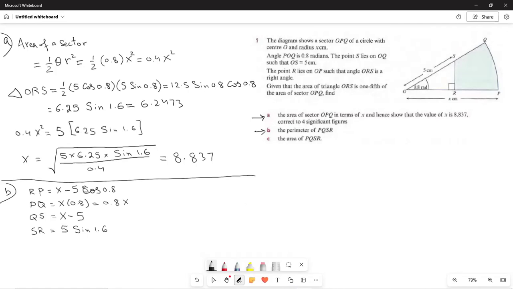Now this is all very easy. You substitute the value of x from here and do all this calculation using your calculator. So this is 5.3534, and PQ, which is 0.8x, came out to be 7.06.